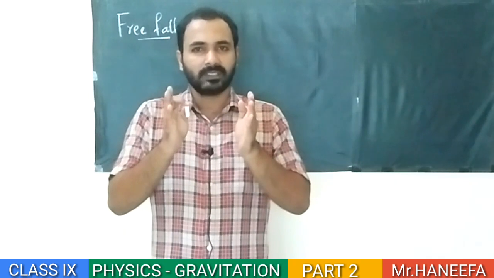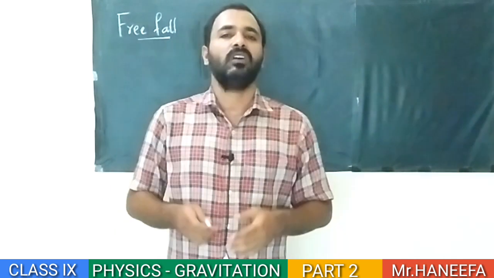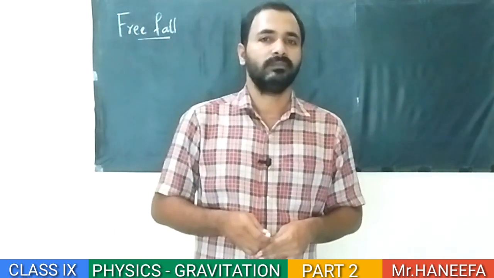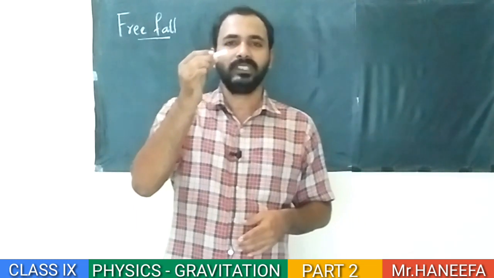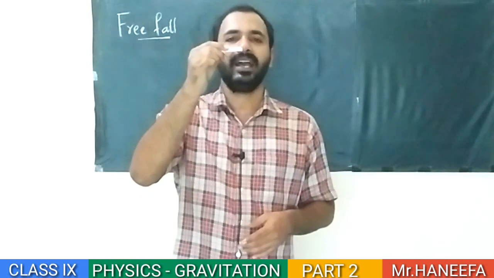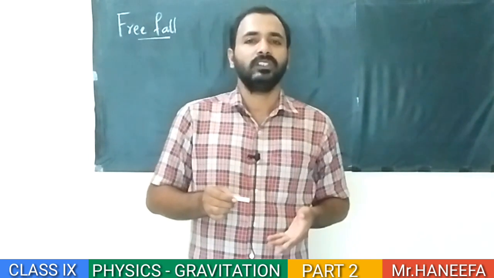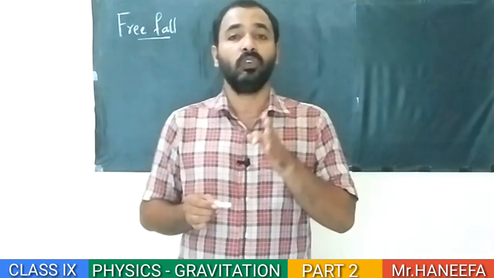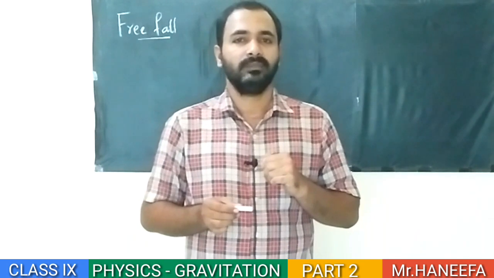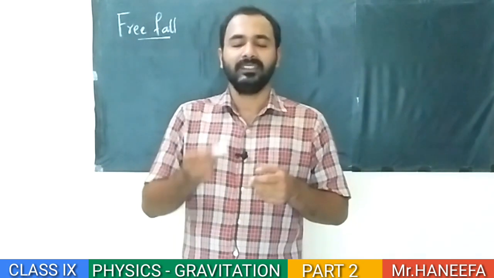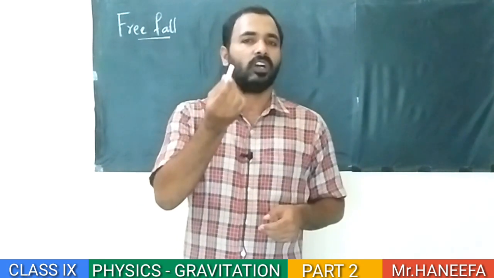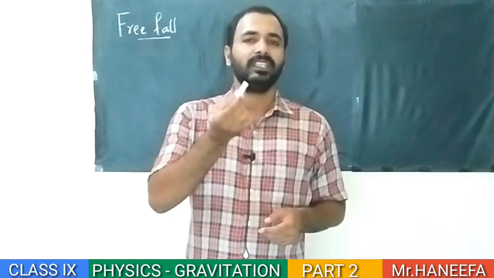Okay, this type of fall is called free fall. If an object is dropped from a height, it falls towards the earth due to gravitational force alone. So we can say the motion of this chalk is under free fall.